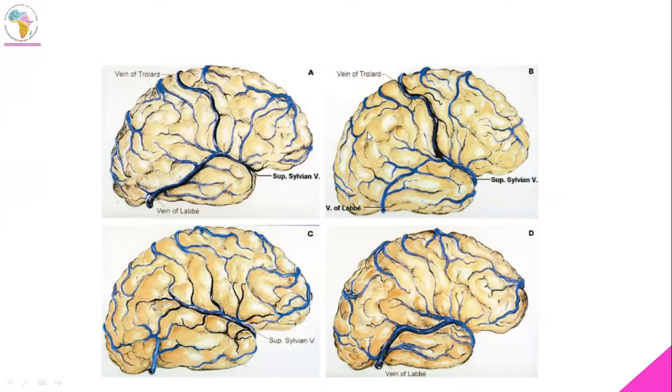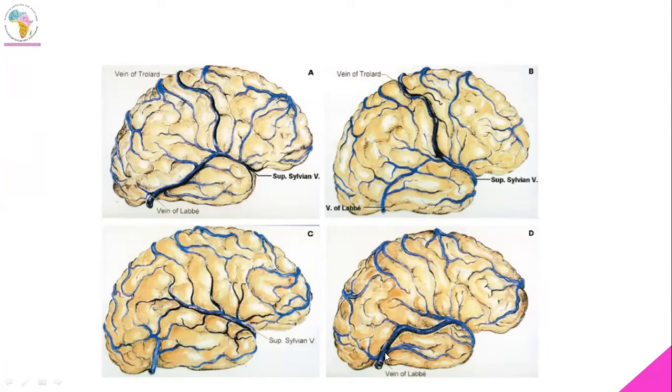So you can see from this image that it is usual for venous anatomy to have a lot of variation. Sometimes we can find both the vein of Trolard and the vein of Labbé equally dominant. Sometimes one of them will be more dominant. Sometimes they will both be absent, and sometimes one will be absent and the other present.